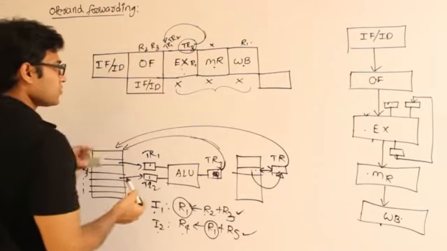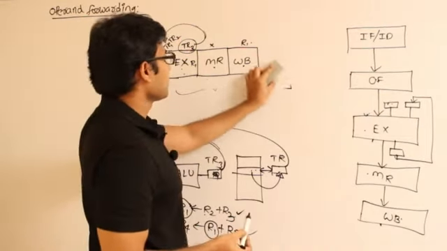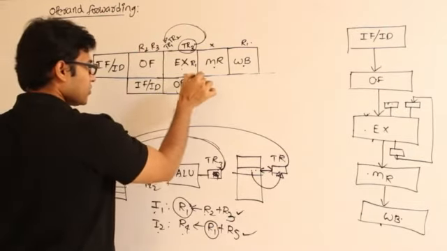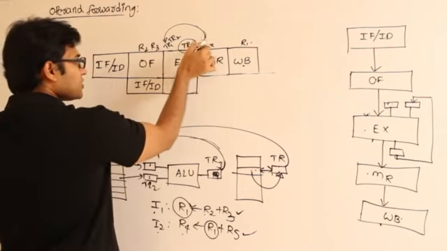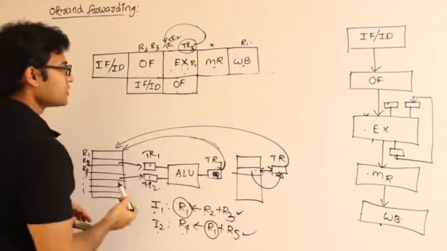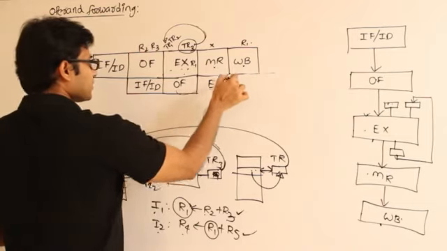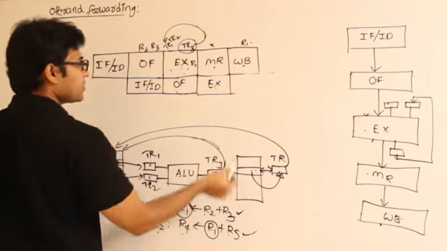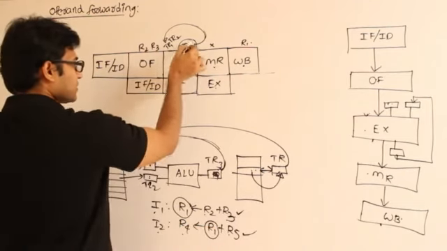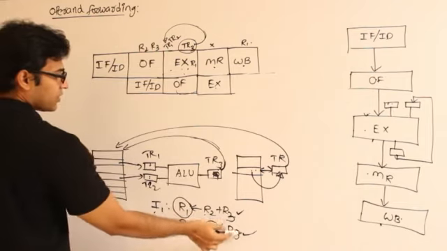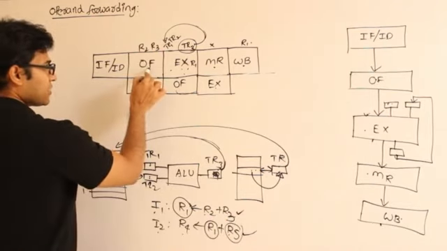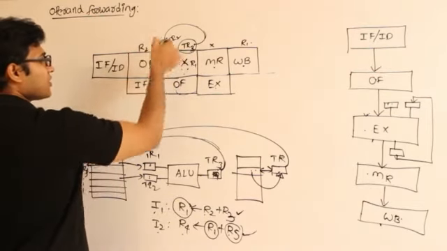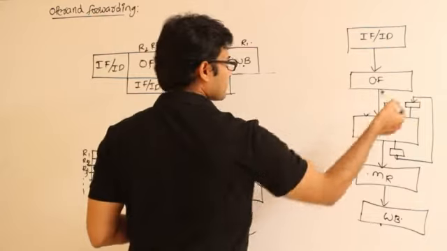TR1, and so the next operand fetch can happen here. Even though it is going to read wrong values, it will be replaced by the right value after the execution phase of this one. So you can start execution here, right? This execution requires that R1 and R5 be present in the input registers. Yes, R5 is already loaded during the operand fetch phase into one of the temporary registers, and R1 is provided through the short circuiting, right, like this.